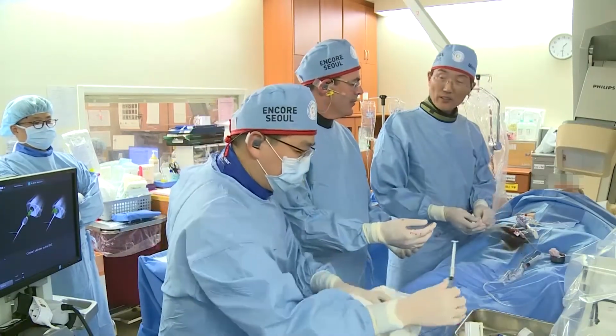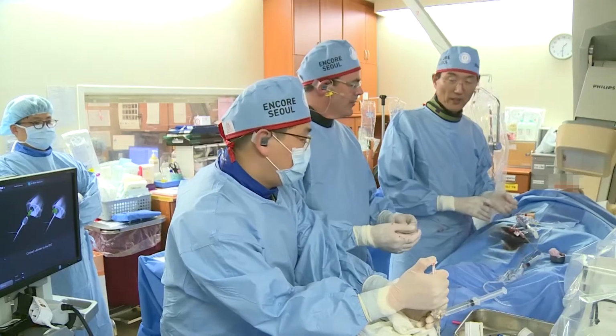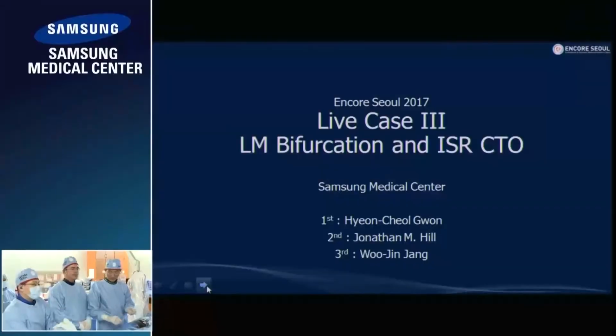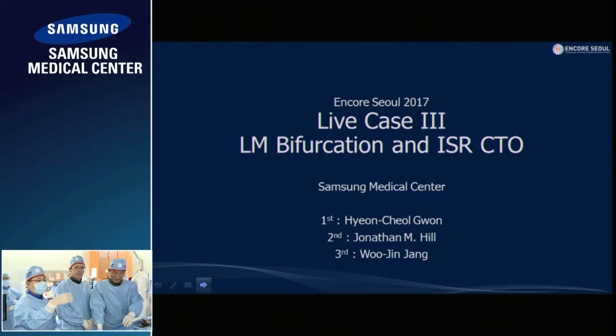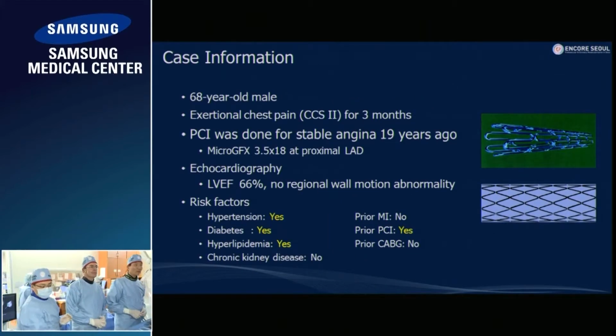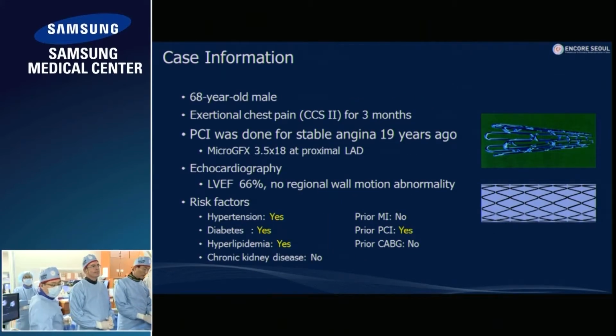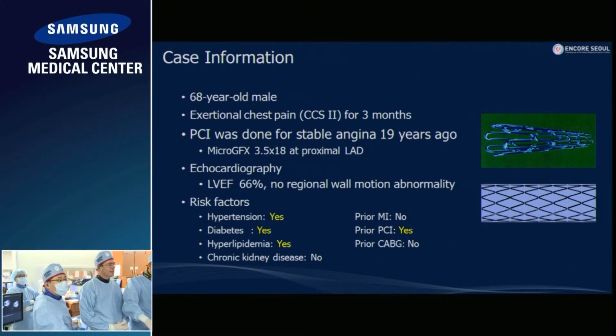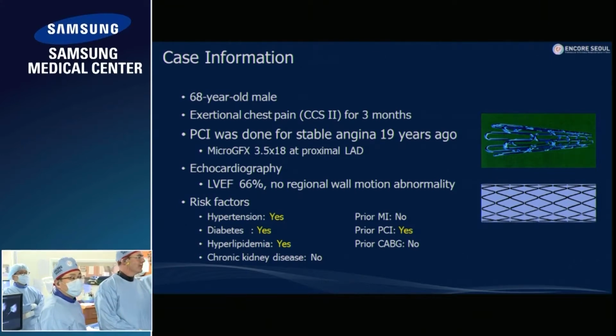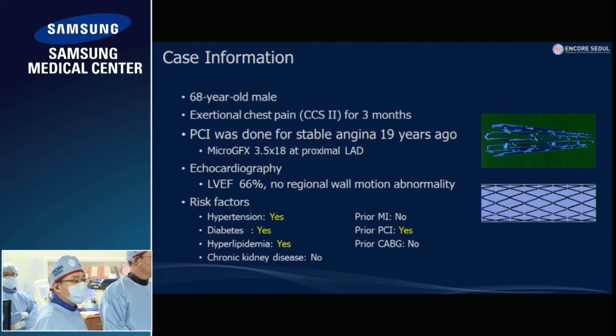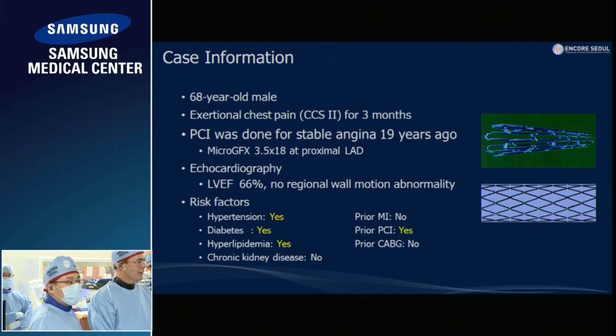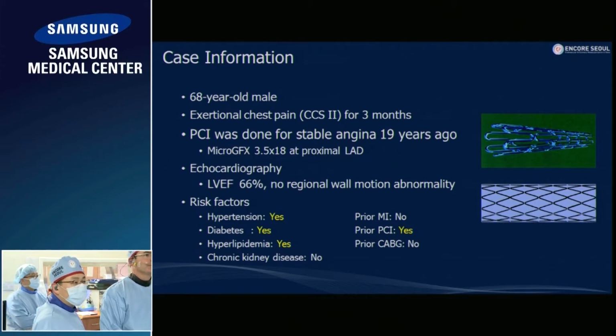Okay, Dr. Jang, please present today's case. I'm Dr. Jang from Samsung Changwon Hospital, South Korea. Let me introduce our case. This patient is a 68-year-old male, presenting with exertional chest pain for 3 months. 19 years ago, he had been treated with PCI for proximal LAD using BMS for stable angina.